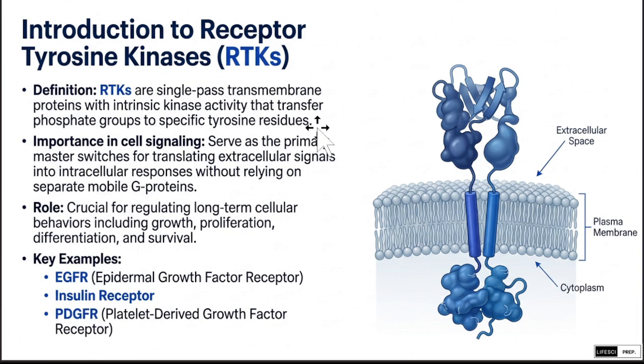It's a single pass transmembrane protein that has an intrinsic kinase activity in the C terminal that transfers the phosphate group to the specific tyrosine residue. It has three parts: the extracellular part, the transmembrane part, and the intracellular part.